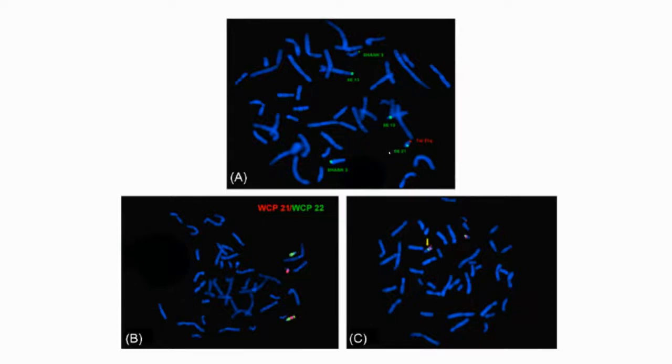And then also we have SE13 and SE21, right? So basically you can use these to look at the deletion of the subtelomere region. And this is the whole chromosome painting 21 and 22.